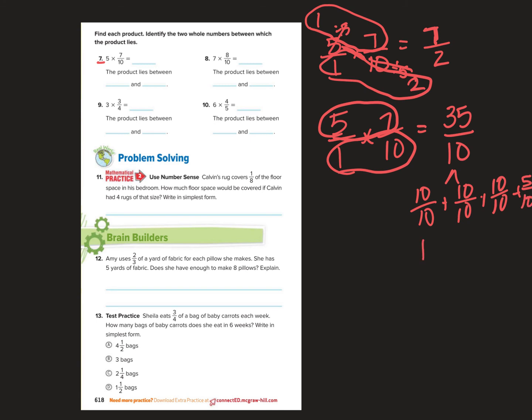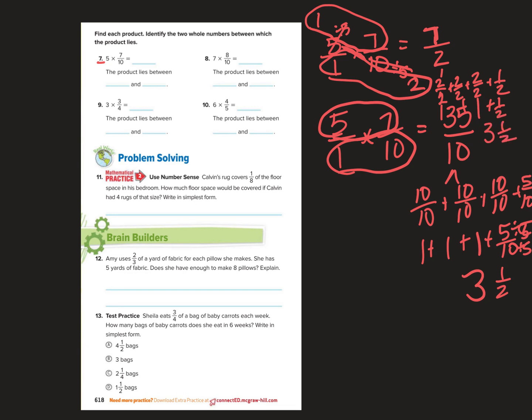So it'd be 1 plus 1 plus 1 plus 5 tenths, which we know can reduce, divide by 5, to 1/2. So 3.5. Or let's see what we would get here. 2, 4, 6. Look at this, 3.5, because we'd get 1, 2, 3, plus a half, 3.5.